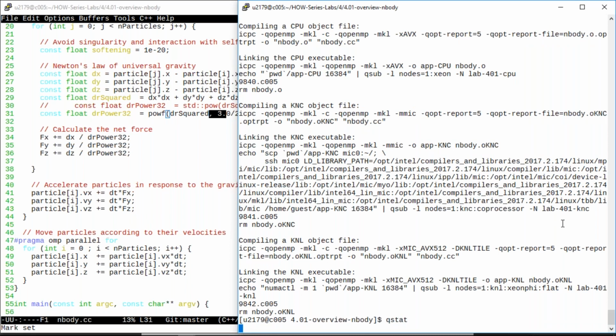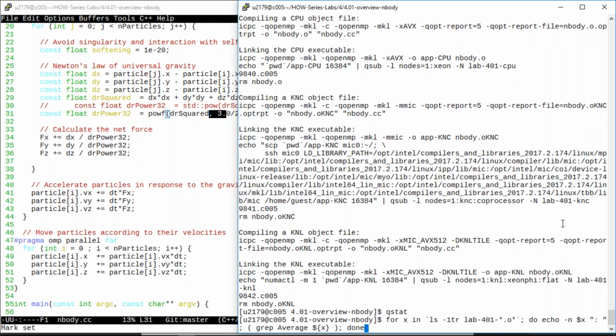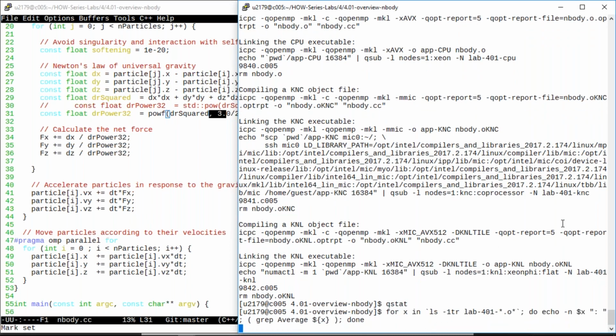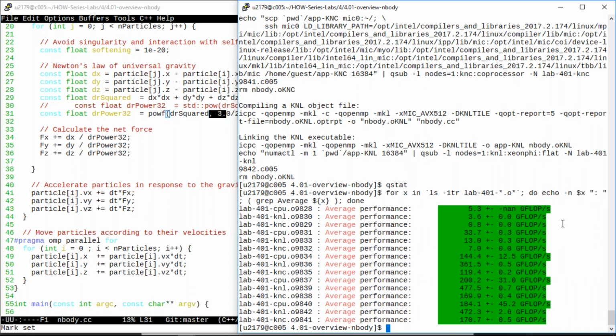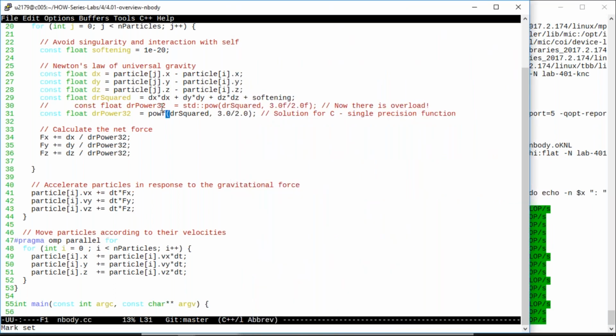Well, this is not optimization as much as it is a bug fix, but this is a common bug. Well, you can see that we get the same results within the rounding, within the fluctuations. Okay, so we did that.